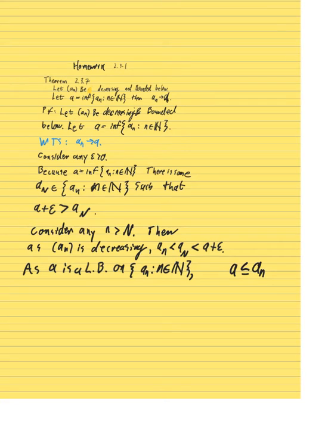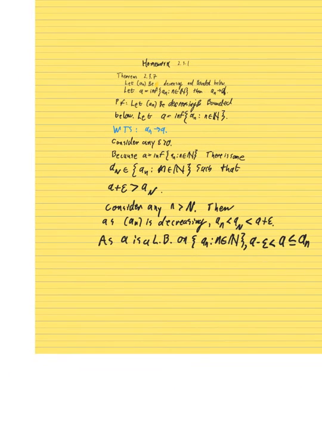Certainly A minus epsilon is less than A. Putting this all together, A minus epsilon is less than A sub n is less than A plus epsilon.